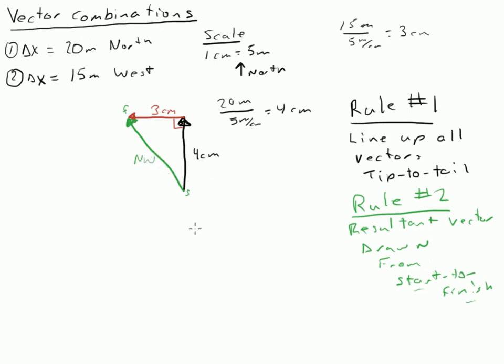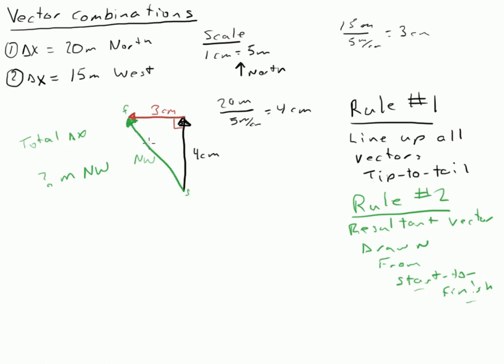Alright, now we need to figure out the actual displacement, the actual magnitude. So we know the direction. Alright, so if we want to find the total displacement here, we know the direction is northwest, but how far is it? How many meters is that? We need to know how many meters it is. The easiest thing to do, if you've drawn this out to scale, if you used your ruler, drew an actual 4 centimeters and 3 centimeters, just measure this vector right here.